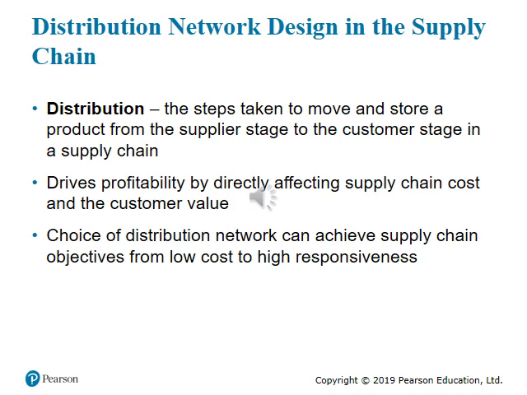So it's very clear now that the design of our distribution network will affect our strategic choices in the supply chain to be responsive or to be a low cost achiever. So it's very important that we recognize these points.